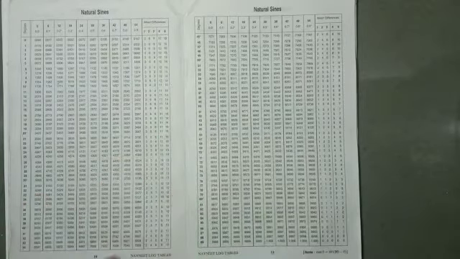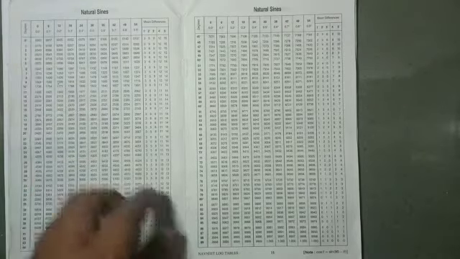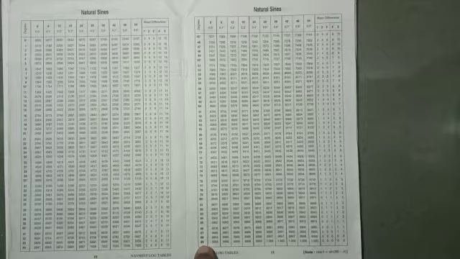Means 60 minutes become 1 degree. If 60 minutes are there, then it becomes 1 degree. So first we understand 0 degree to 89 degree.